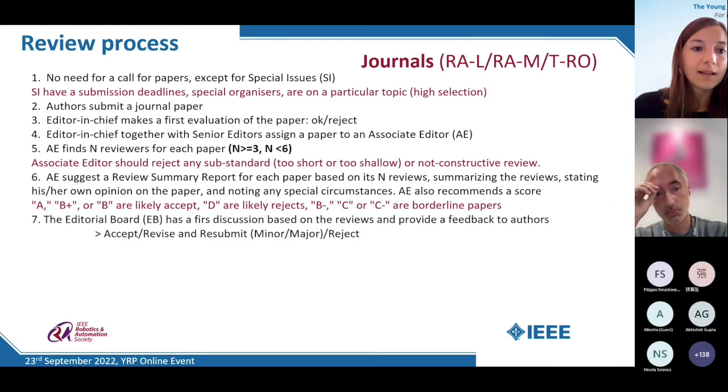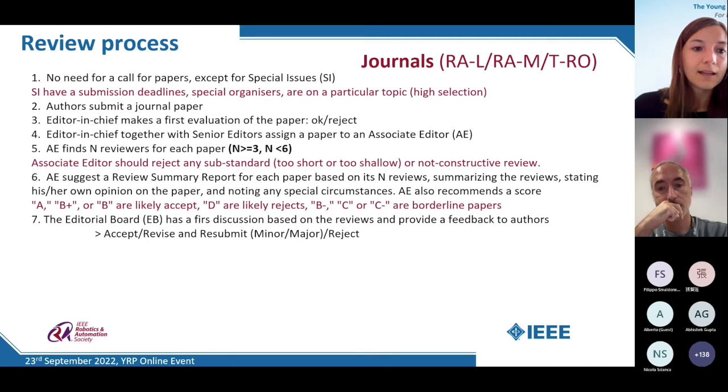Then the editorial board, which includes the associate editor, the editor, and the editor-in-chief, has a first discussion based on the reviews and provides feedback to the authors. The feedback will be accept, or revise and resubmit, which is what is done in most cases, and this revision can be minor or major.